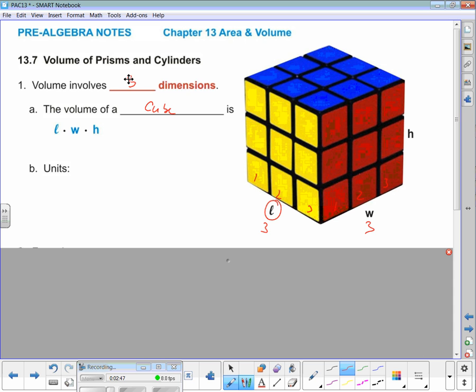And what's the height? 3 units long, right? 1, 2, 3. It's a cube. How can you figure out the volume? 3 times 3 times 3. 3 times 3 is 9. 9 times 3 is 27 cubic units, right? 27 cubic units.